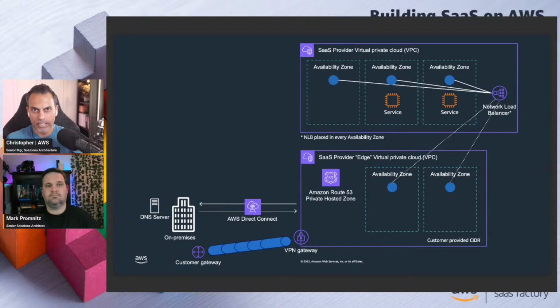Now we've got the theory. Let's talk through what this looks like in real life, with an actual customer that's been able to put this in place, and show our viewers how a customer implements this and actually gains the benefits of PrivateLink.